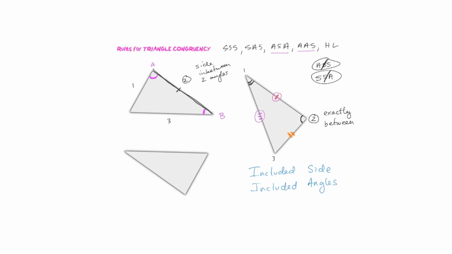And then the other thing we want to take a look at before going forward, let's just assume this is a right triangle. This is your right angle. When we talk about the hypotenuse leg theorem, the HL theorem, keep in mind that the side opposite the right angle is your hypotenuse, and the two sides that make up this right angle, this side here and this side here, we're going to call the legs.